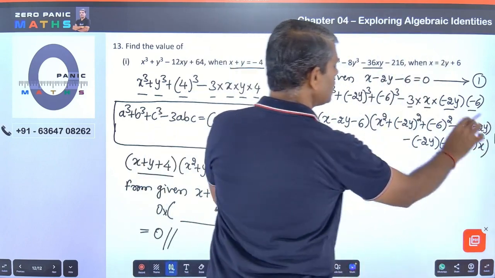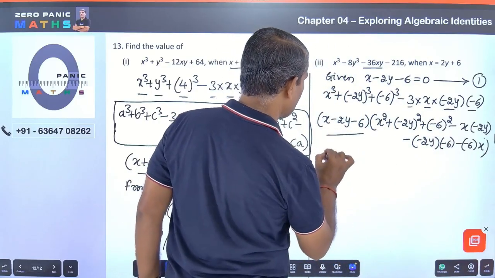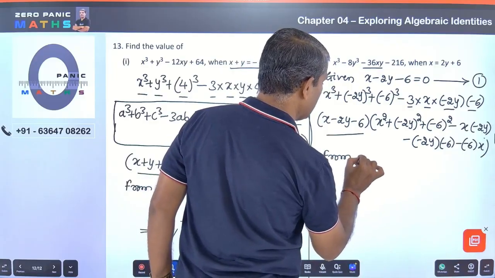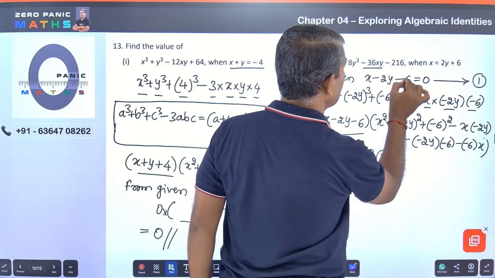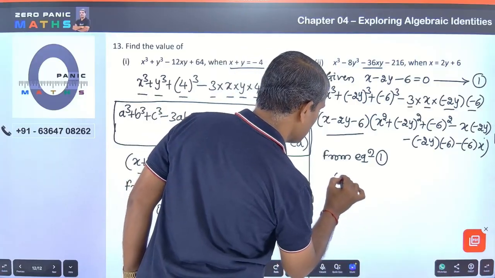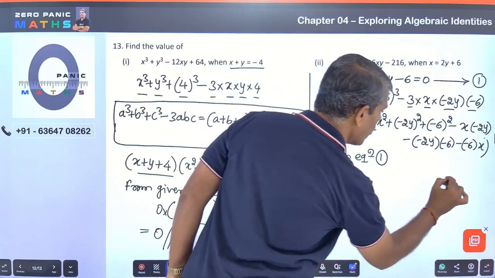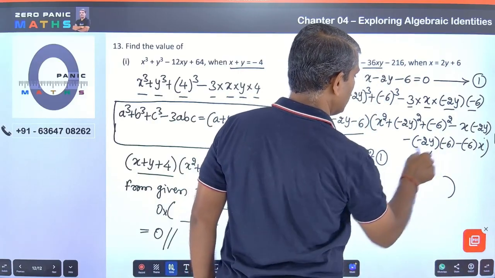But this whole term, anyway, if you expand also, this is going to be substituted. So from equation 1, I have already written x minus 2y minus 6 is equal to 0. So I can substitute this value as 0, multiplied by whatever you get by expanding this. You expand this here.